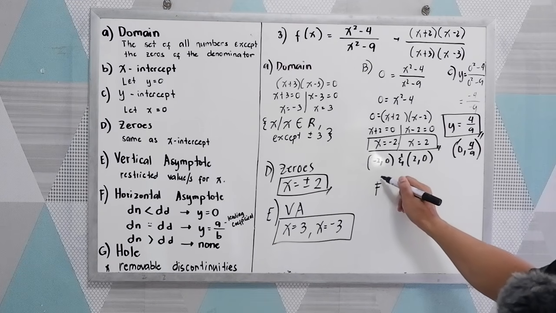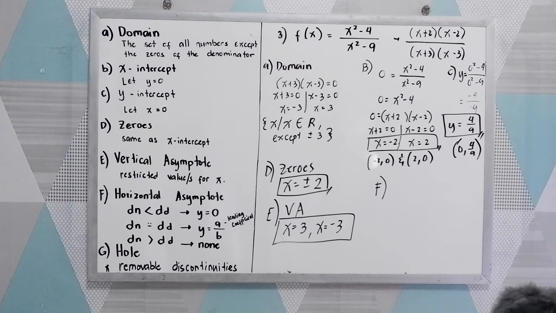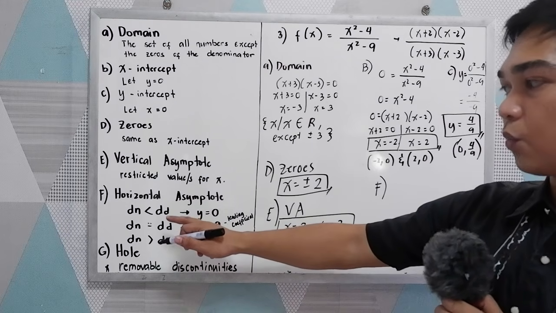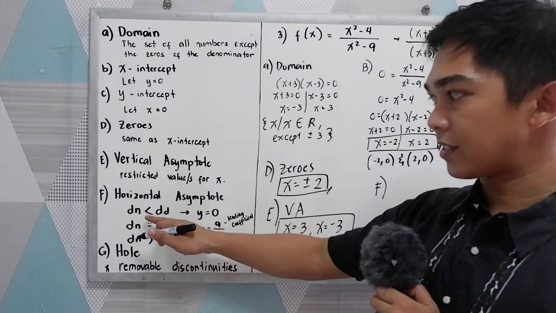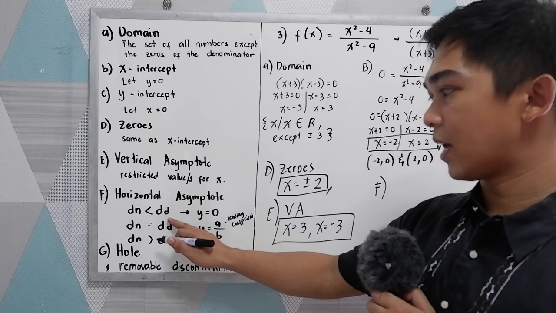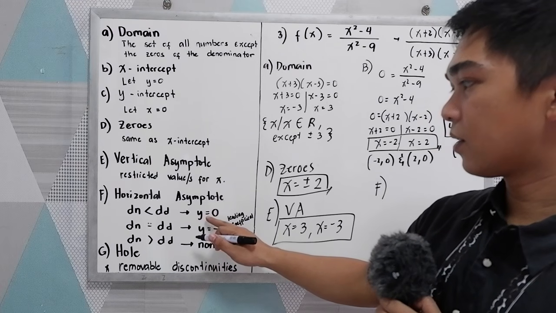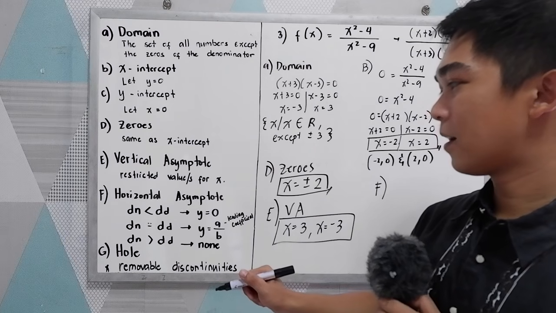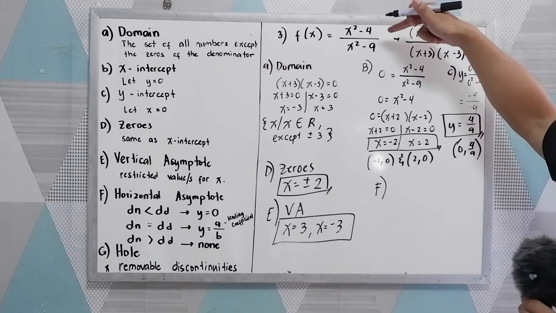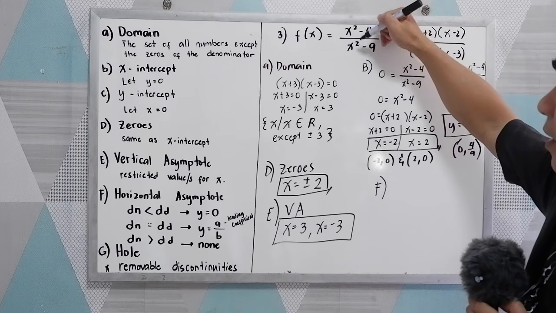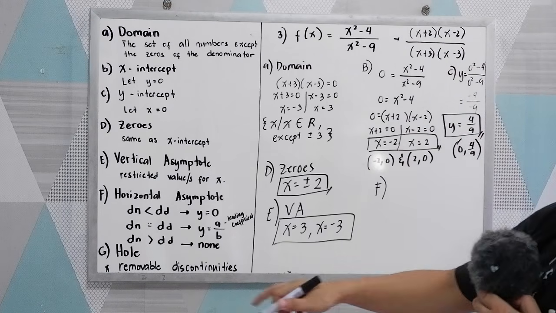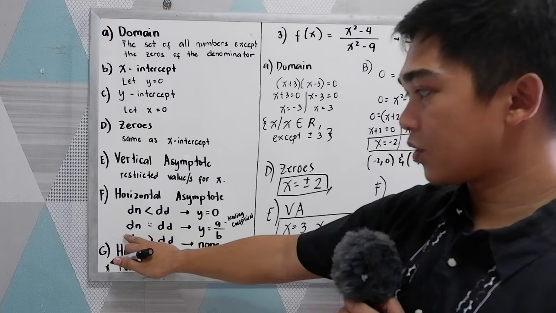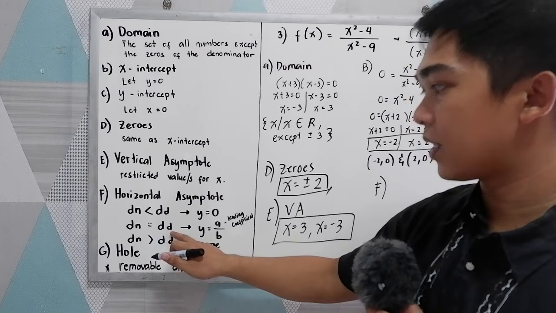And letter F, horizontal asymptote. So examine our condition. Condition 1, if the degree of the numerator is less than the degree of the denominator, that is y is equal to 0. So study our given, we have the same degree. So our degree of the numerator is equal to the degree of the denominator.